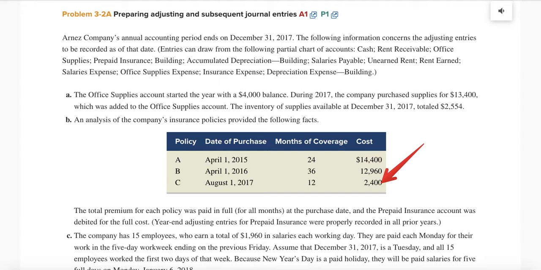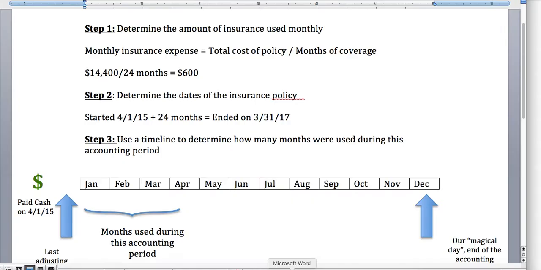So now I'm going to talk to you guys about the steps involved in the process of adjusting for each of these different insurance policies. How do I find out my total insurance expense for the period? So let's see, I have my little steps right here. Okay, and the way it goes is this.